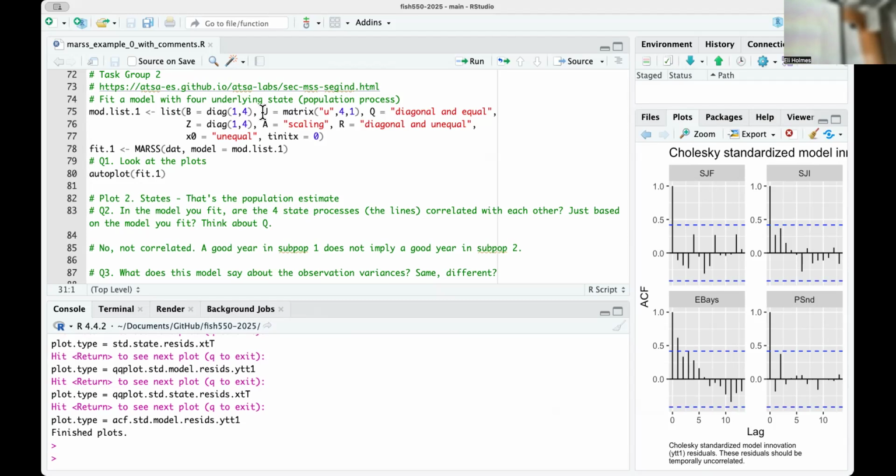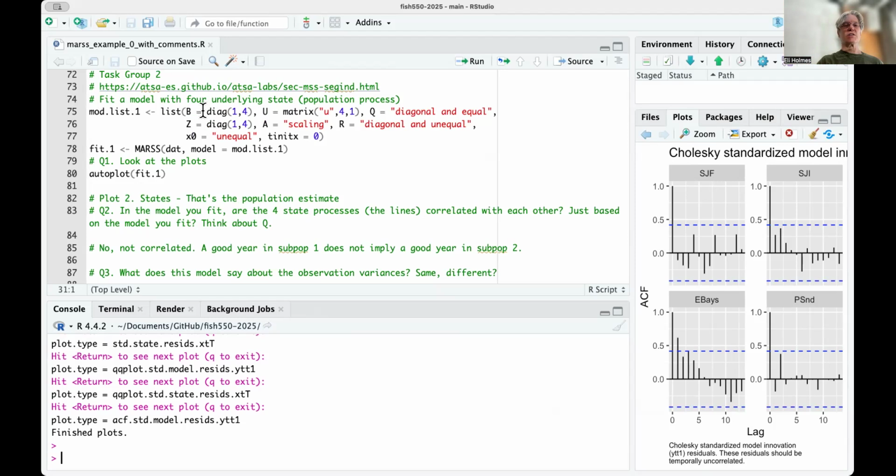That is specifying how these are covariant together. So do these 4 populations tend to go up and down together? Do I have good and bad years together? Or are they independent? And whether one has a good year, it doesn't give you any information about if the other has a good year.